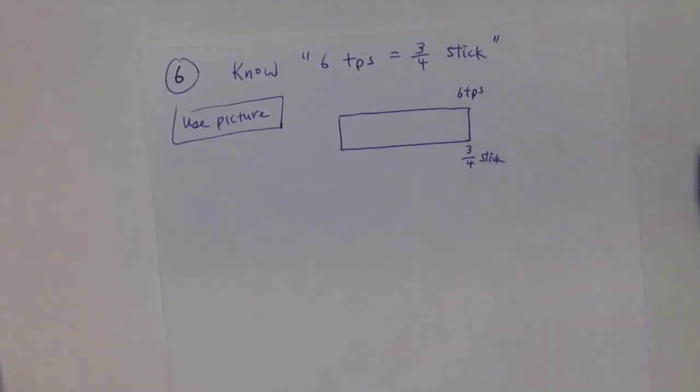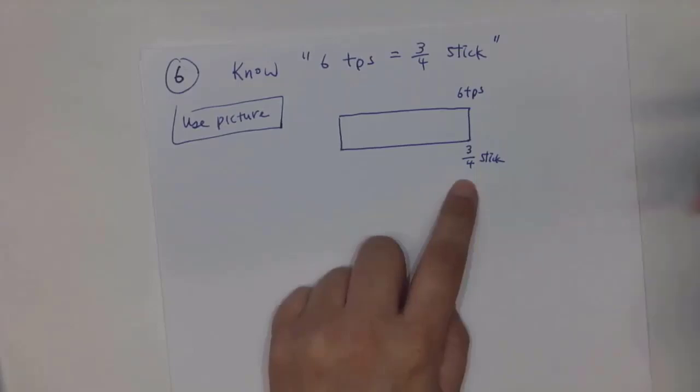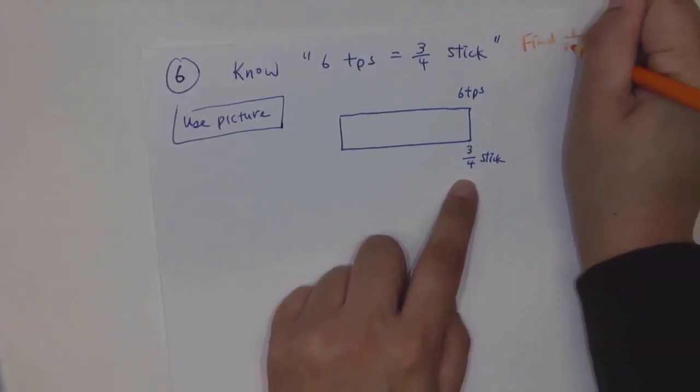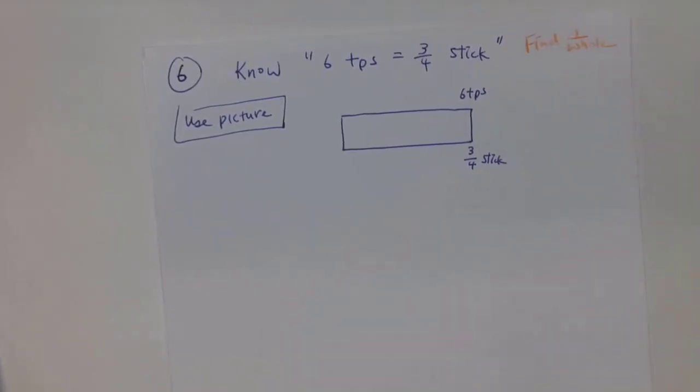That's all I see. I need to find one stick. What do you think I should do? We'll find 1/4. Yes, that's always a good thing to find, like finding out what 1 out of the whole is. For this particular question, it's going to be 1/4, right? So how do I find 1/4?